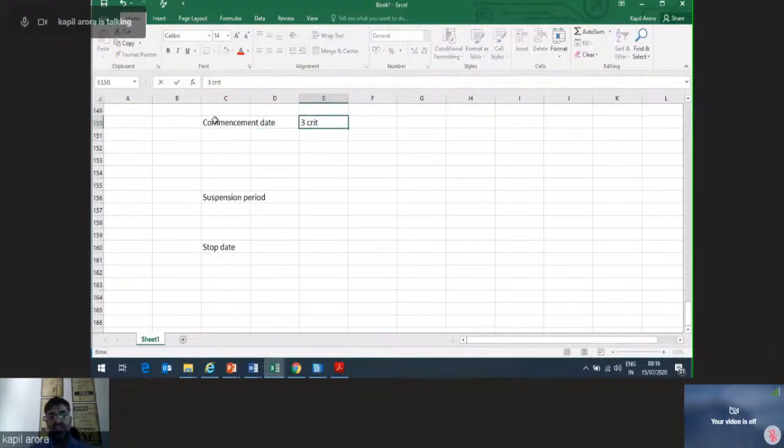If these 3 criteria are satisfied, then my date of commencement, the start of borrowing cost capitalization, would begin. First criterion: expenditure on the asset being incurred.